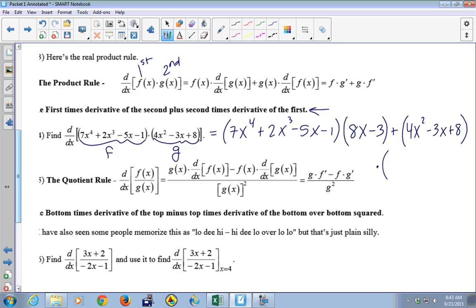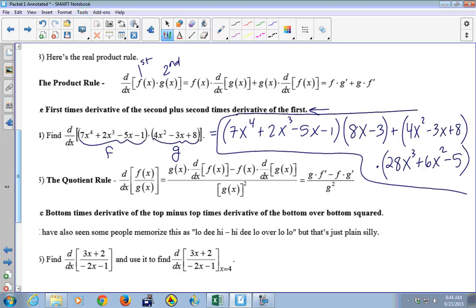The derivative of f would be 28x^3 + 6x^2 - 5. Good, so there's my derivative. The first part is f g prime, and the second part is g f prime.